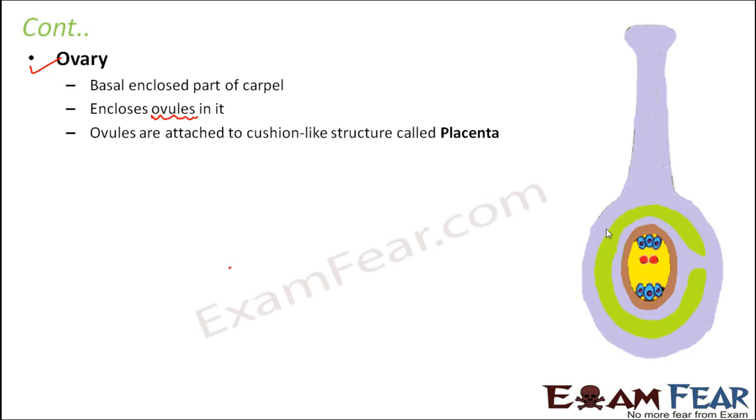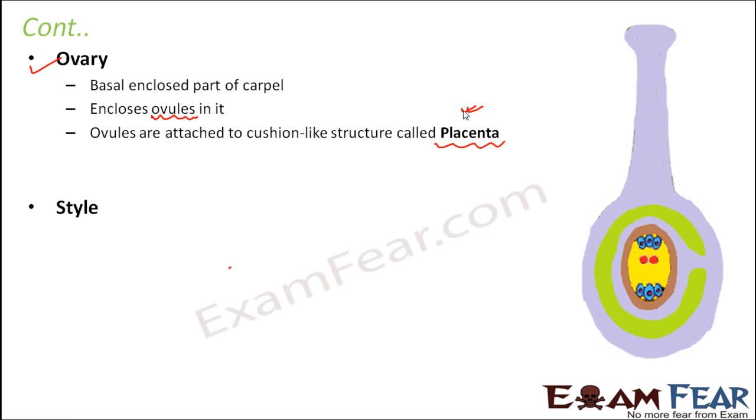You can have many ovules, and these ovules are attached to the ovary through a tissue. That cushion-like tissue is known as the placenta. The placenta plays a very important role in the carpel. We will see how the placenta can be organized, or how its shape can vary from one flower to another. We will talk about that a little later.